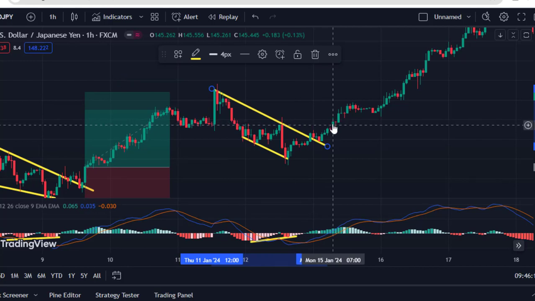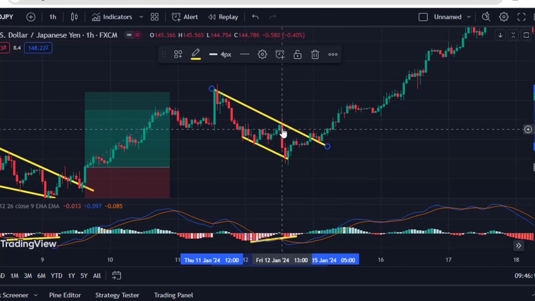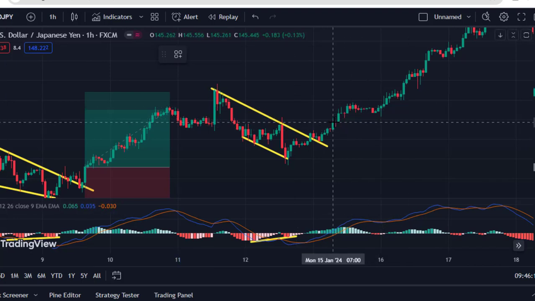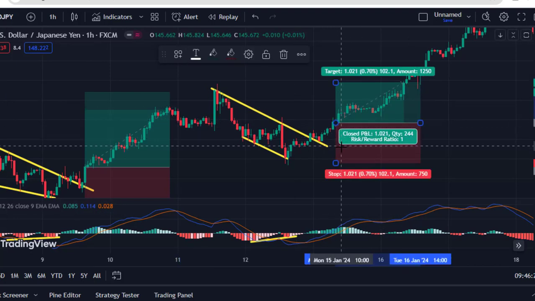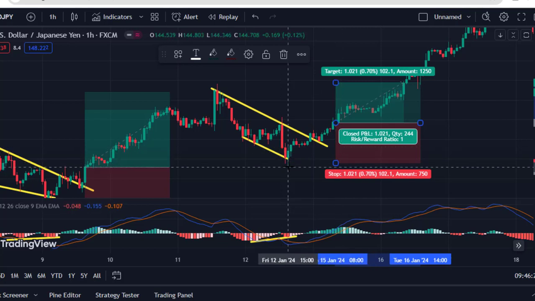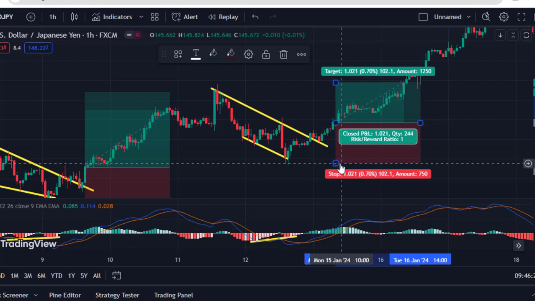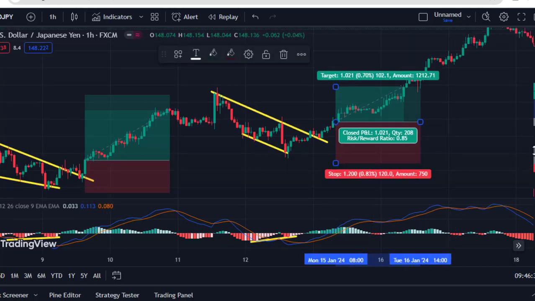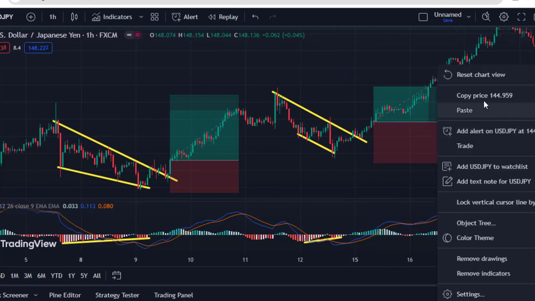The market creates a new close that is higher than the previous close at this very level of resistance. So we take our buy and place it at this very point right here, and then your stop loss is slightly below this level of support. So we place our stop loss at this very point right here, and then your take profit has to be 2 times your stop loss.